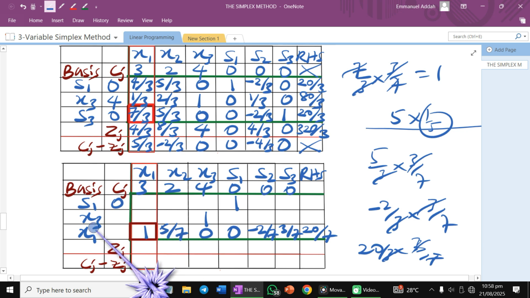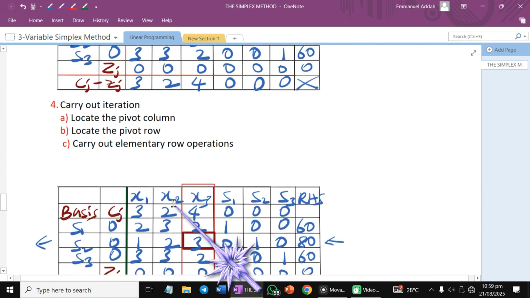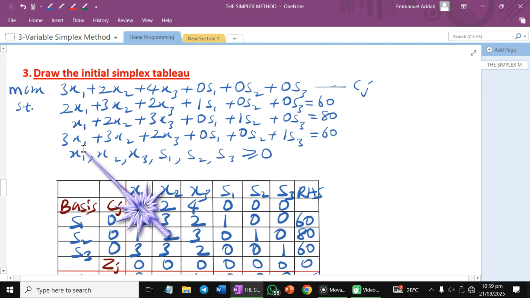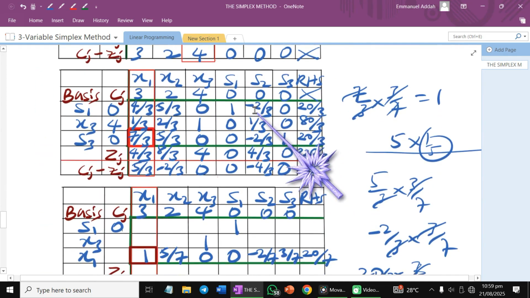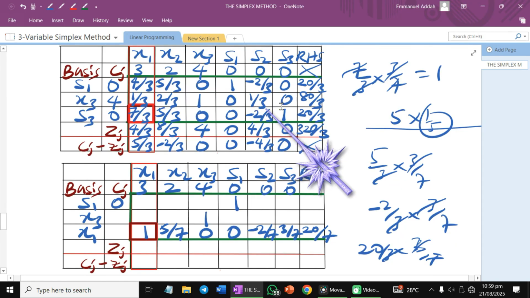The coefficient of X3, you still remember, under the standard form, on the CJ row, you can see the coefficient is 4, and the X1 coefficient is 3. So come down. And so, under X3, coefficient is 4. Under X1, the coefficient is 3. Good. So we've gotten this.